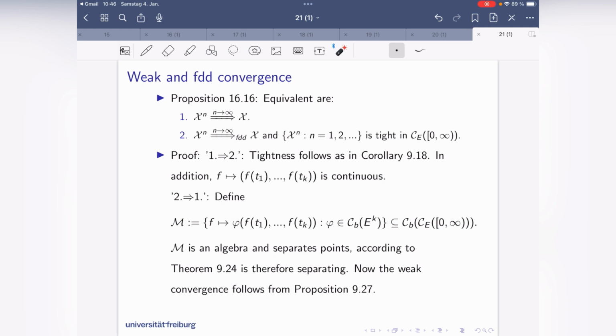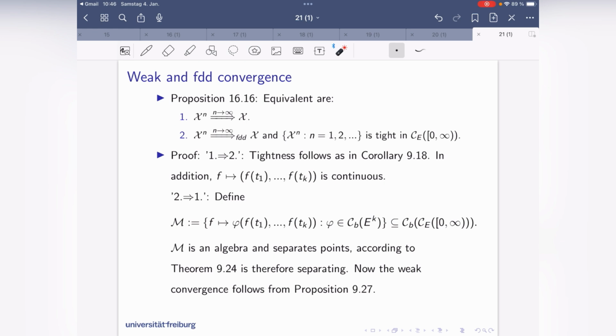So when these here converge, some bounded continuous functions converge, which are a subset of functions which I would have to check for this thing here. Which means from 1 to 2, that's okay. And from 2 to 1, okay.